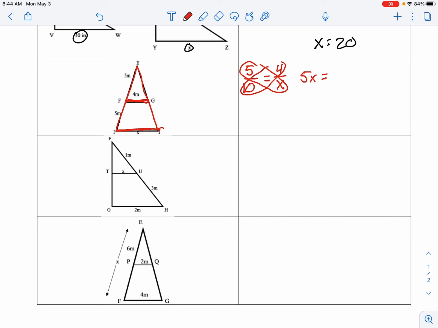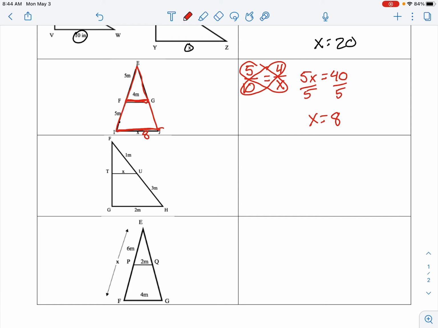So we get 5x equals 40. Divide by 5, divide by 5, and x equals 8. So this side length down here is 8 meters long.